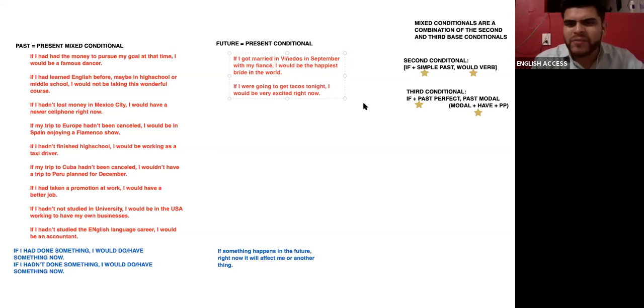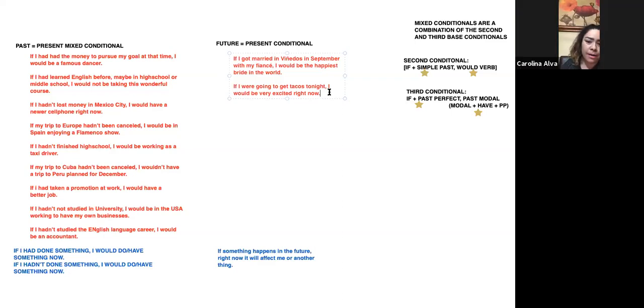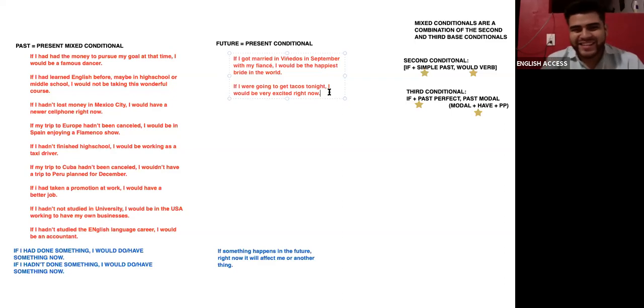Like, think about it. When you're about to go on a trip, or you're about to go to a concert, or your favorite restaurant, just thinking about that thing happening will affect your mood. And this is the perfect way to express it with this conditional. With tacos. Yeah. The trip.